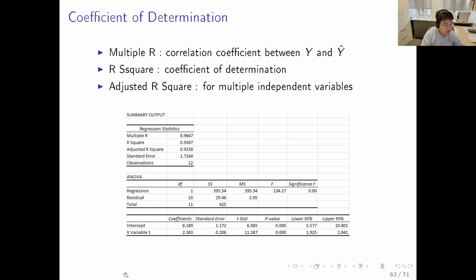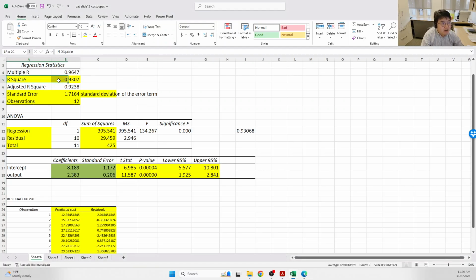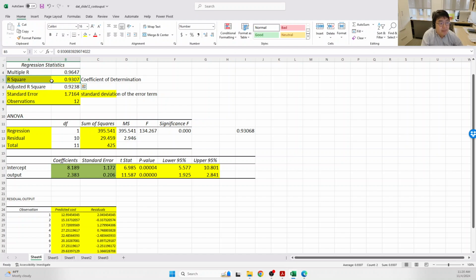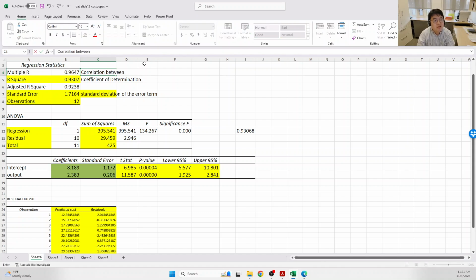R squared, like here, I will explain other variables. R squared is the coefficient of determination, but usually we just call this R squared rather than coefficient of determination. R squared is the common name, and multiple R is the correlation between actual and predicted outcomes, right?